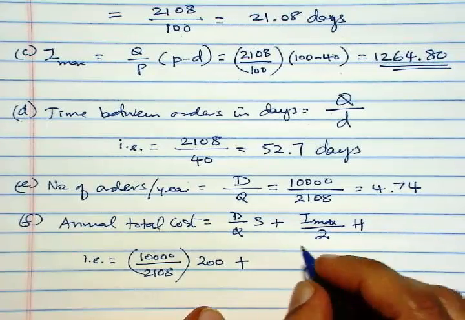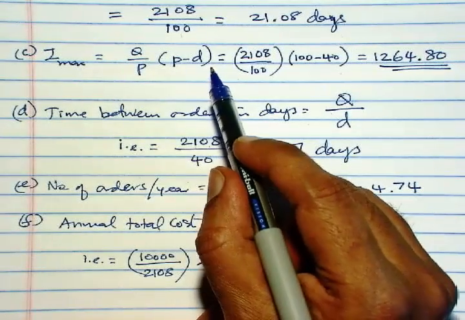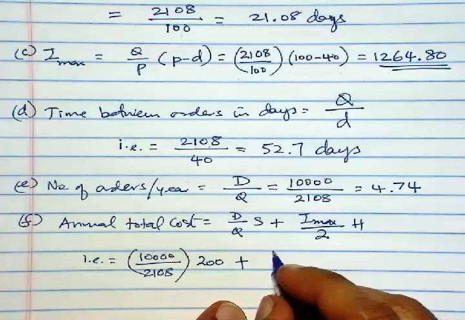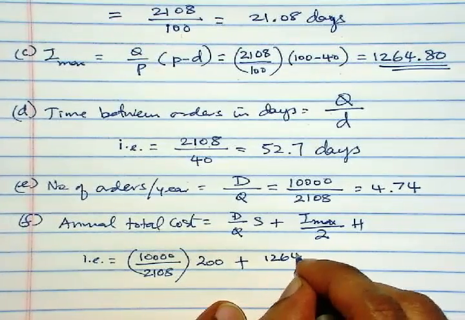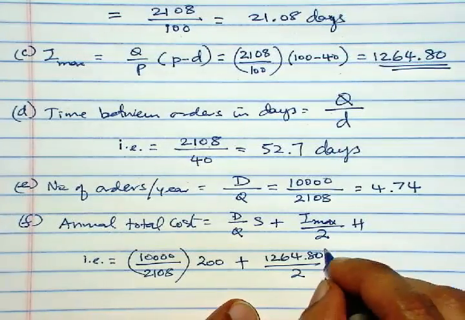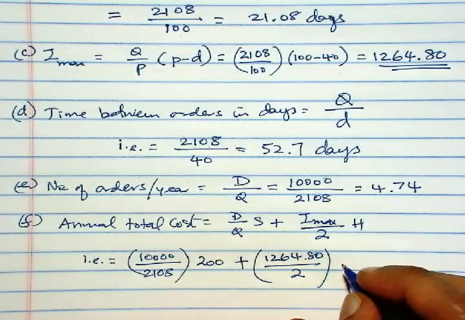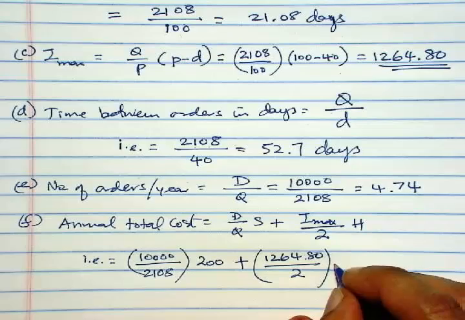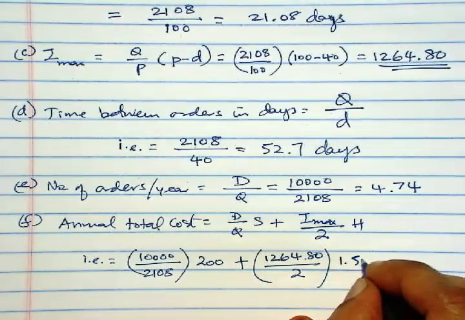plus I sub max, the maximum inventory level is 1264.8 divided by 2. Okay, it's not Q over 2. You must carefully look for that, times $50.